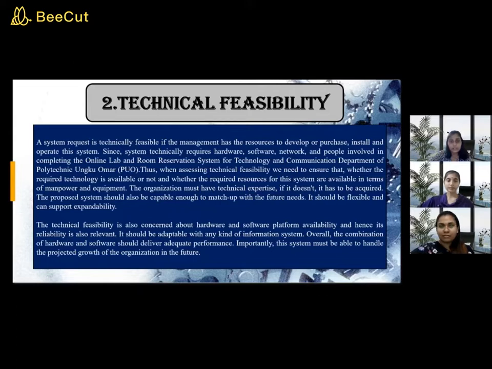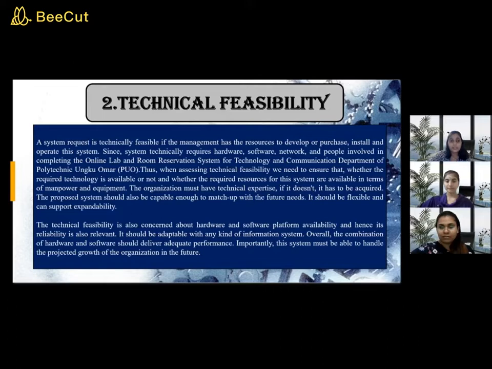The organization must have technical expertise. If it does not, it has to be acquired. The proposed system should also be capable enough to match up with further needs. It should be flexible and support expandability. The technical feasibility is also concerned with hardware and software platform availability.